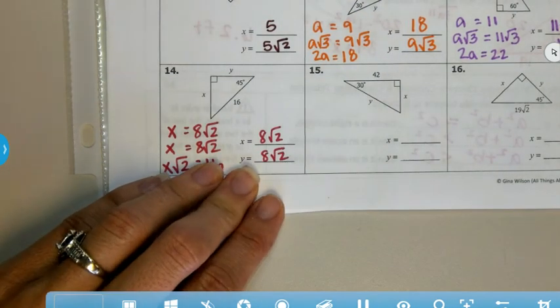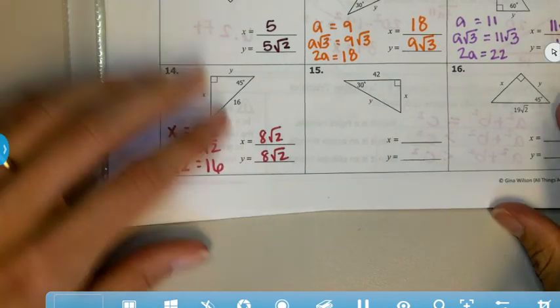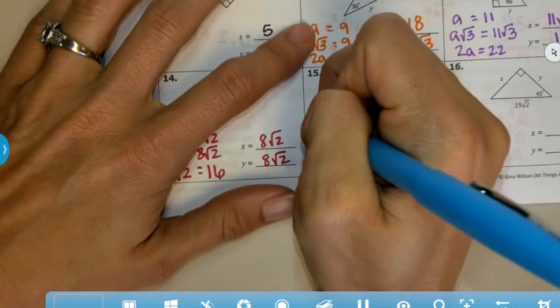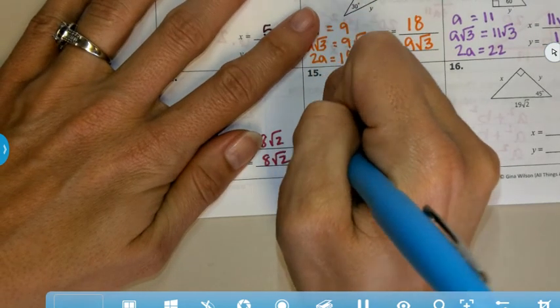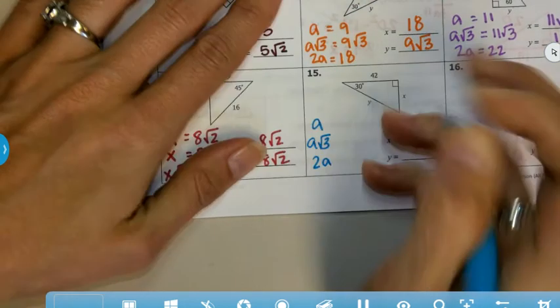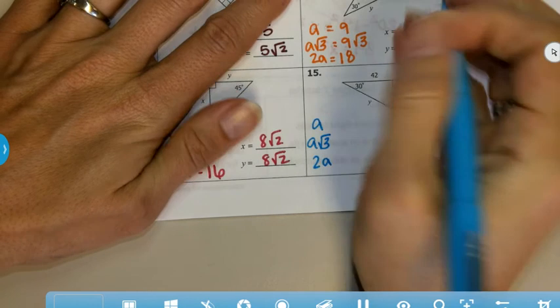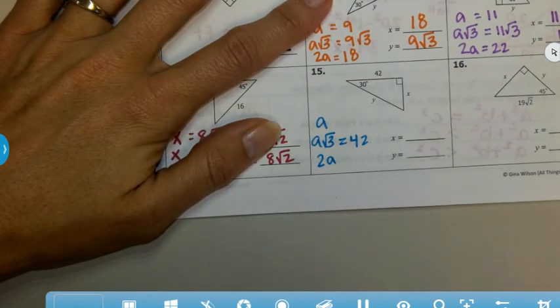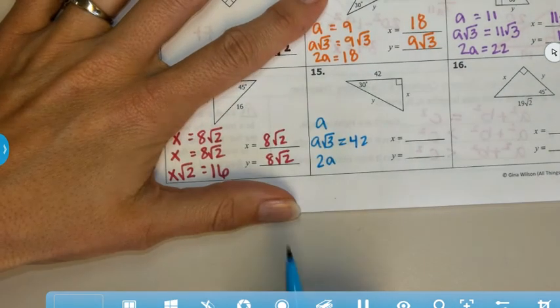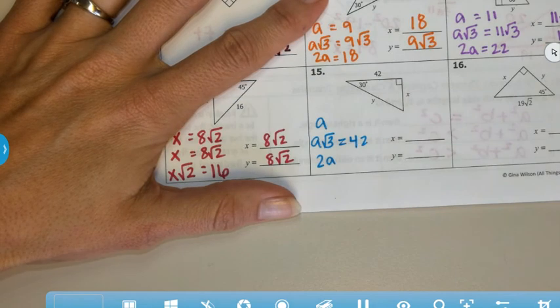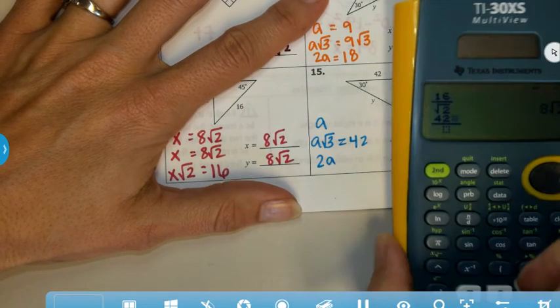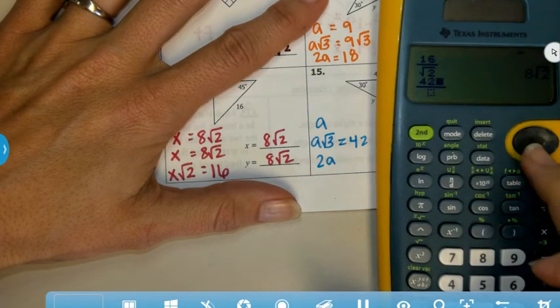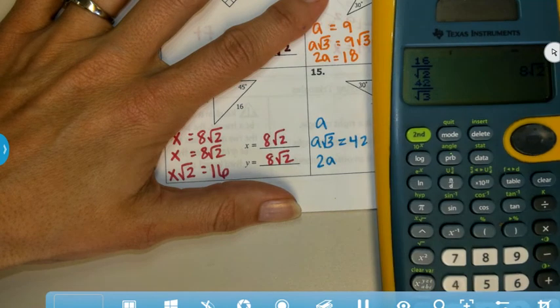All right, go ahead and choose the correct answer for 15 now. So this is a 30-60-90 triangle. So you have an a, a square root 3, and a 2a side. Your 42 is your long side, so it's your square root 3 side. And then if that's your square root 3 side, you have 42 divided by the square root of 3 to solve for your short side.